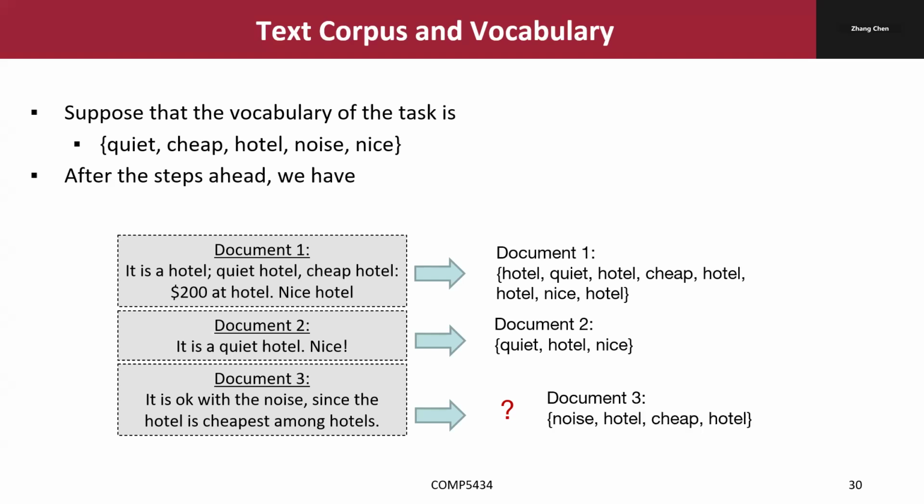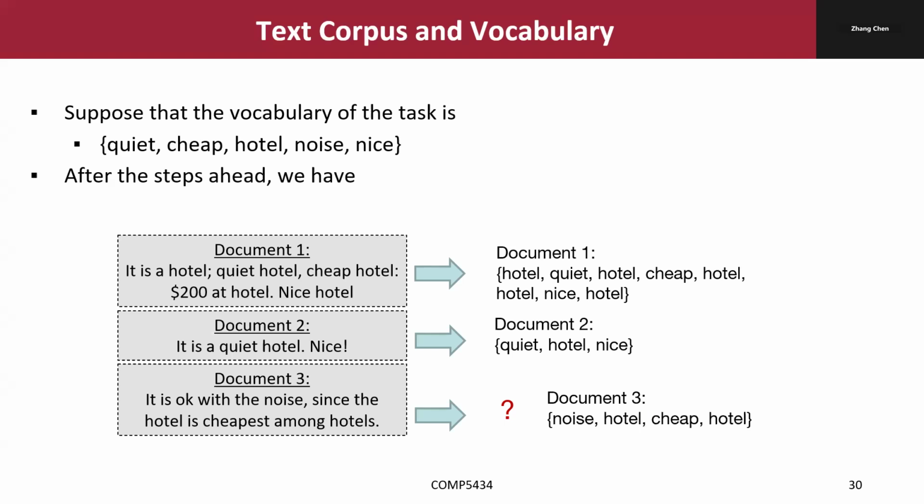So now we think about the third one. Document one has a structured vocabulary that includes hotels, quiet, and those terms, right? Document two simplifies further, represented with quiet, hotel, and nice. And for the third one, the challenge is how do we identify the appropriate vocabulary from the text provided? The phrases indicate here that we have a tolerance for noise, right? Because it says although there are some noises, it's cheap, the cheapest among the hotels.